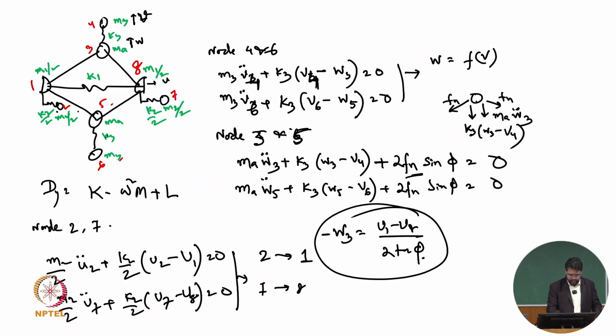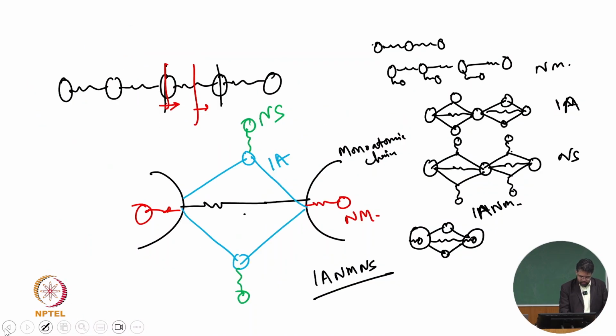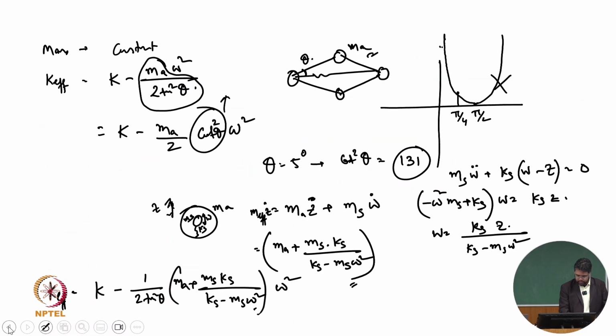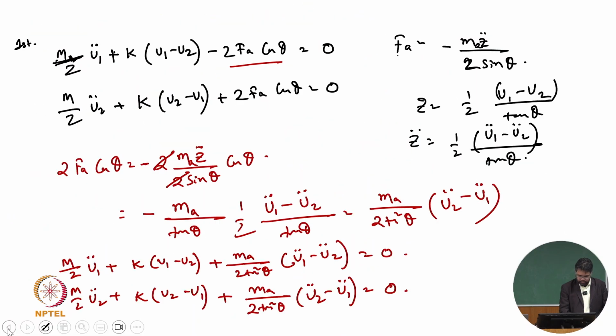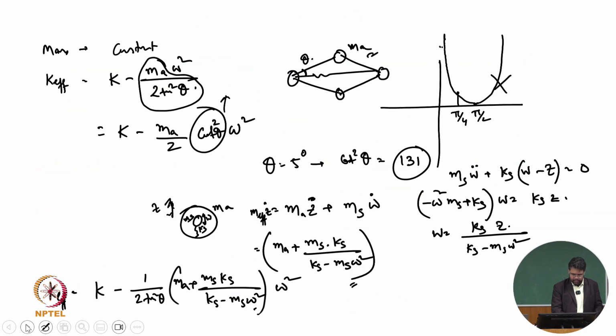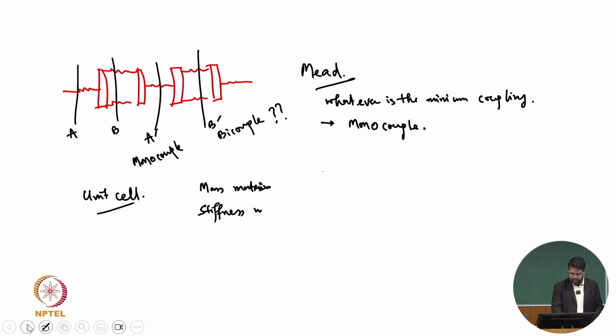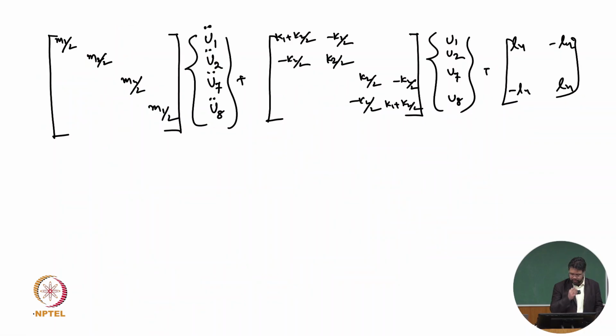In terms of F we are getting, and once we solve, I should write the equation for 1 and 3 that we also wrote in the last class. Those things are already there. So once we calculate Fn, we can substitute that Fn back, and we will get this. And what is the ln basically?